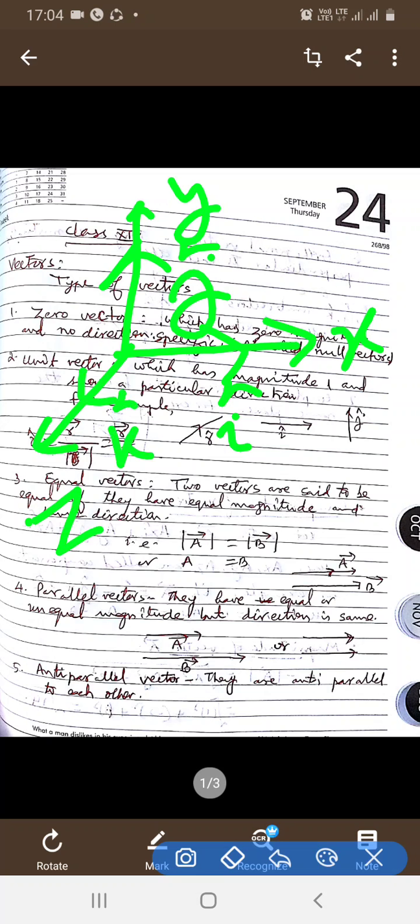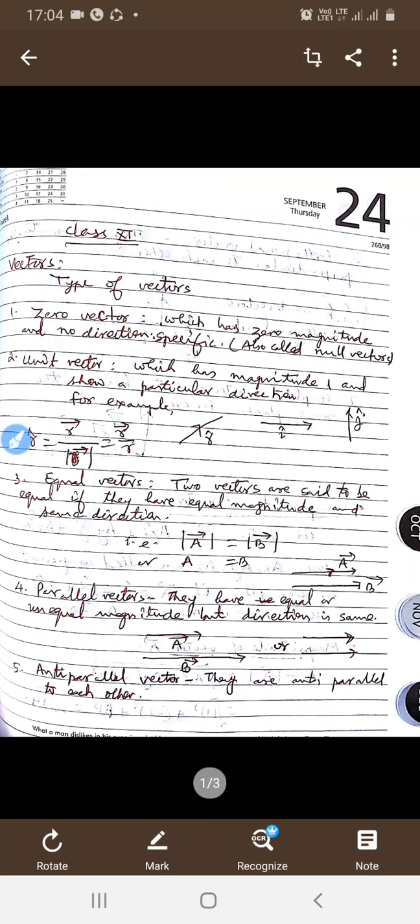So, here see unit vector along x direction. Unit vector has unit magnitude, 1, unity, that is called unit vector, and it is in certain direction, like in x direction i cap, in y direction j cap, in z direction k cap.